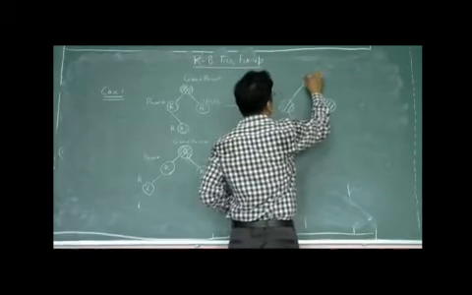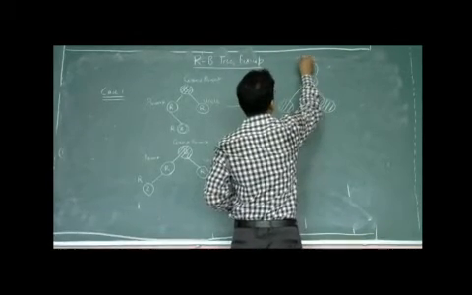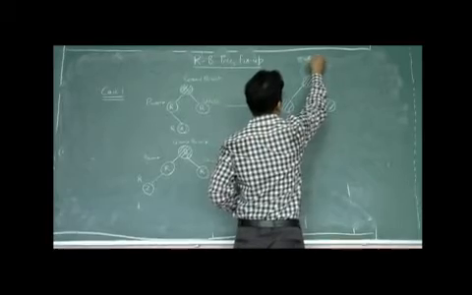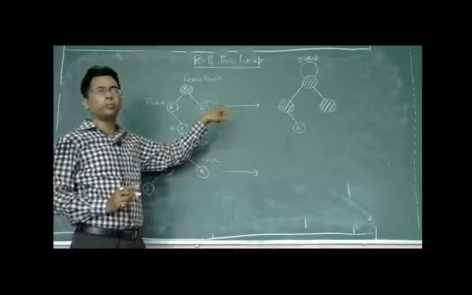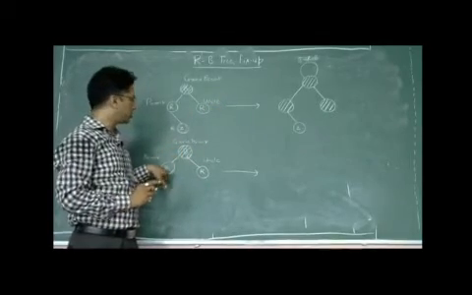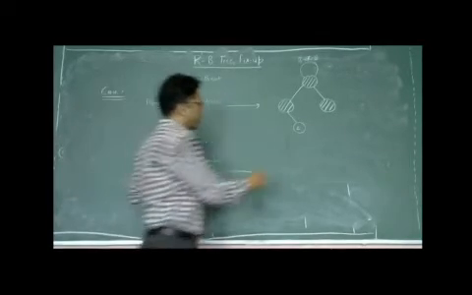So I mark it as black to red and again into black. Black to red and red to black. And in the second case also, the parent would be colored in black color.